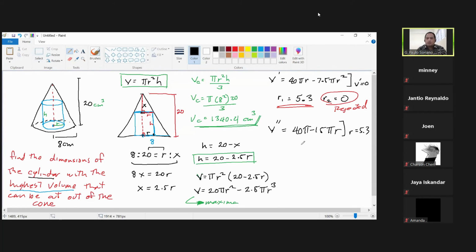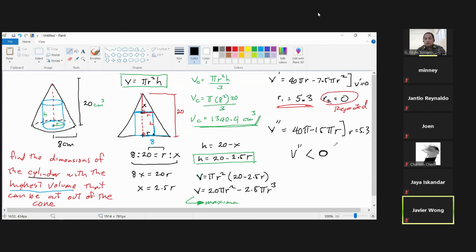And what is our value over here? v prime prime is, this is just checking, you can check it mentally. You put a positive value over here. It's a negative value, teacher. It is going to be lesser than 0.